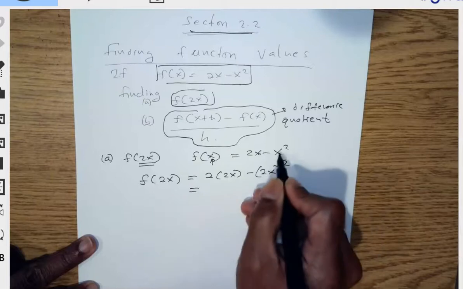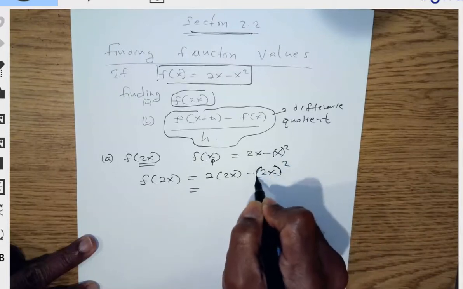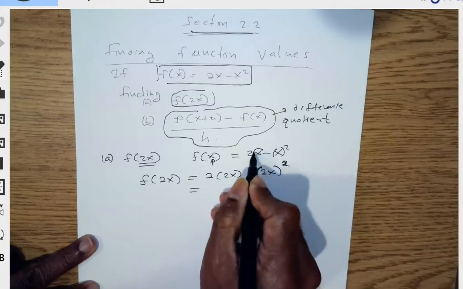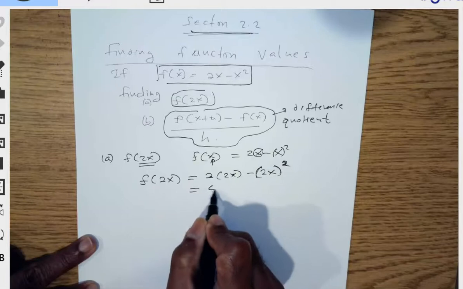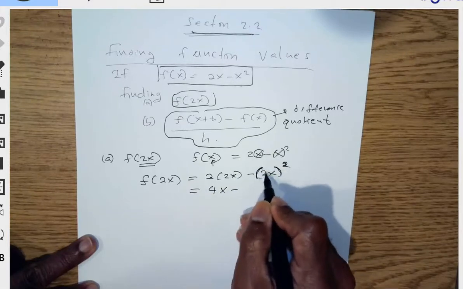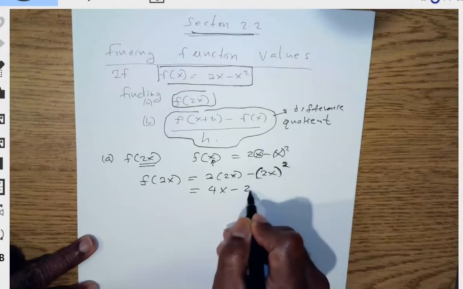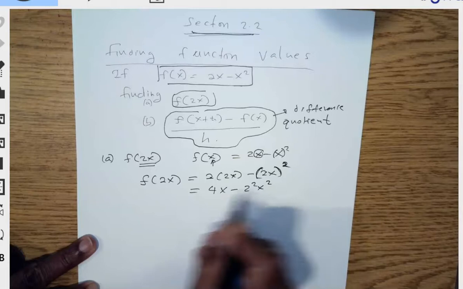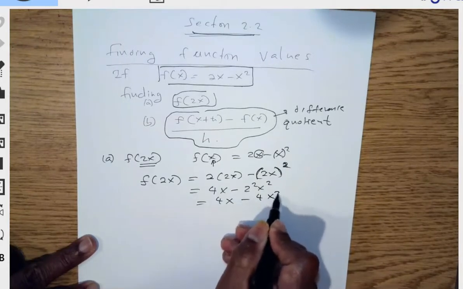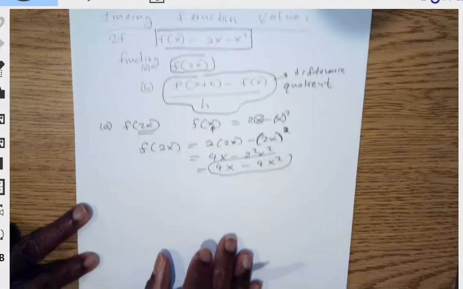Remember you only replace the x, so the square is still there, and the 2 is still there. So you get 2 times 2x, which is 4x, and then when you square 2x, it's the square of a product, so you need to square each piece: 2 squared and x squared. You get 4x minus 4x squared, and that is the answer to part A, which is relatively easier.